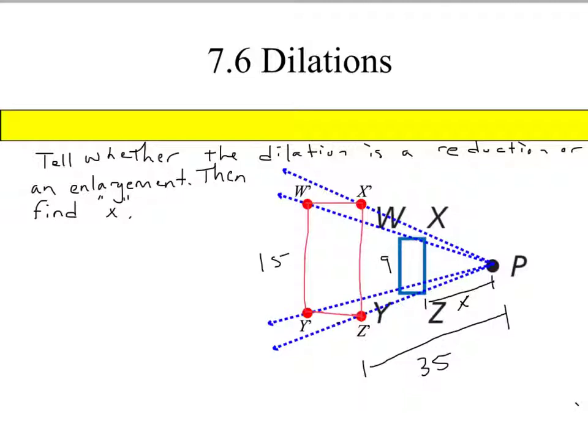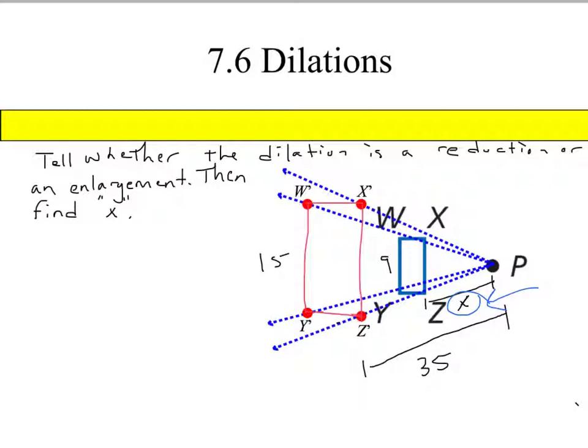When we look at x here, we are finding x, which is the distance from P to Z, right here. When you are finding x, you have to set up a proportion. As I set up my proportion, the ratios on both sides have to be the exact same.